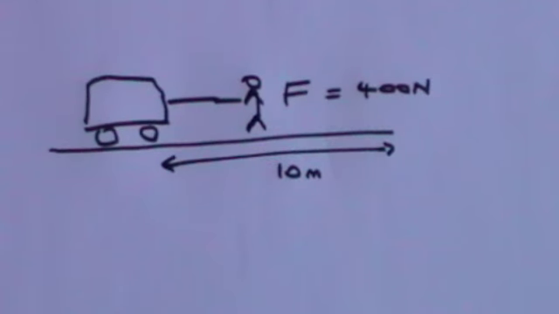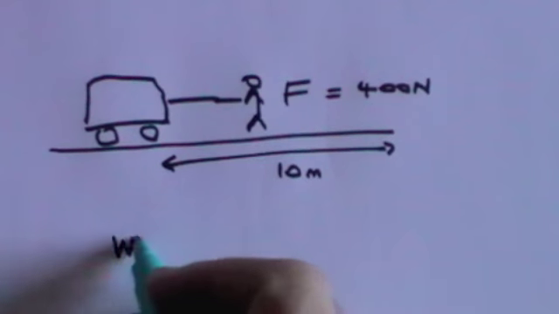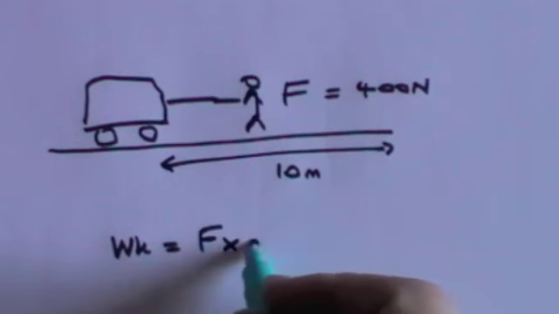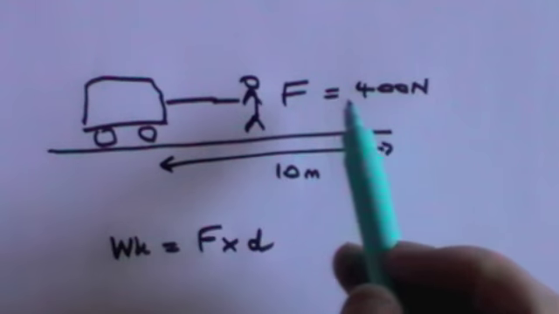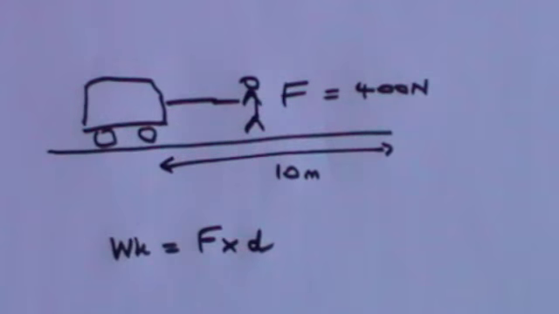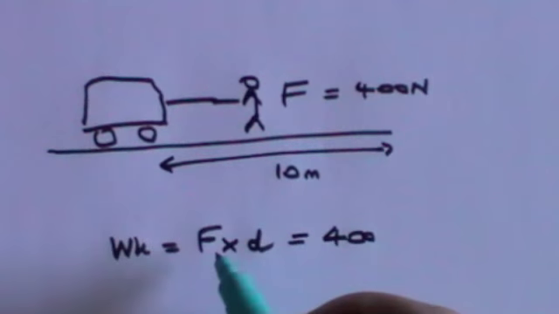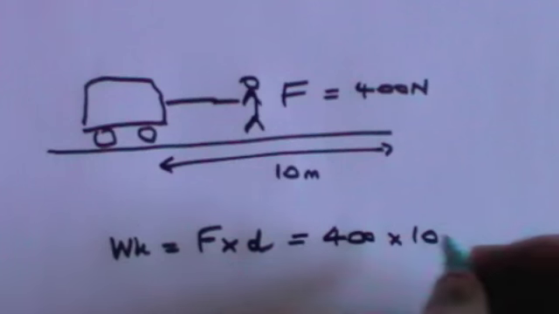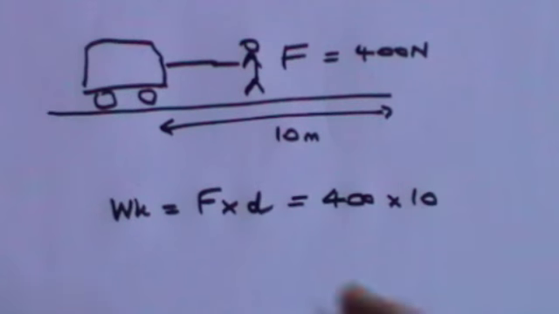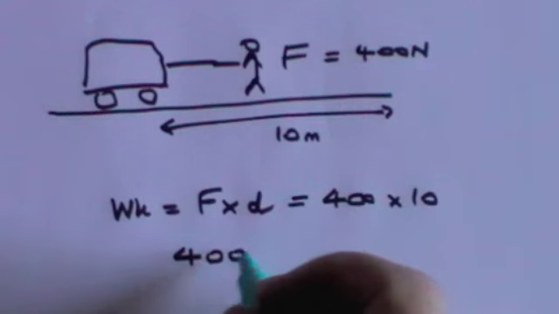What is the work done? The work done is force times distance. I'm okay because I'm pulling in the same direction as I want the cart to move. Work is force times distance, which is 400 newtons, that's the force, times 10 meters, that's the distance. So that's going to be 4,000.